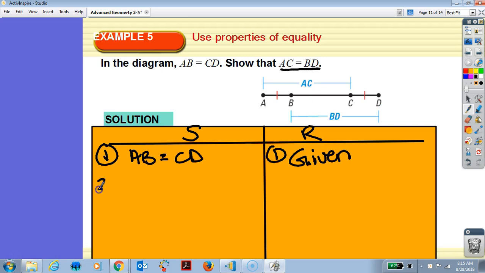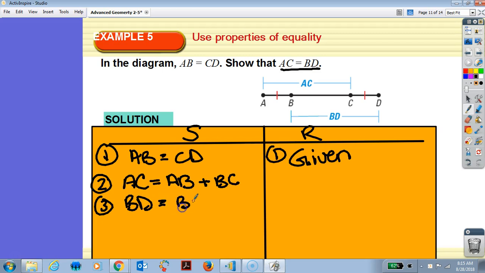So it's the same thing as those angles, but now it's a segment. So what do we know? We know that AC equals AB plus BC, right? And we know that BD equals, let's line them up, BC plus CD.